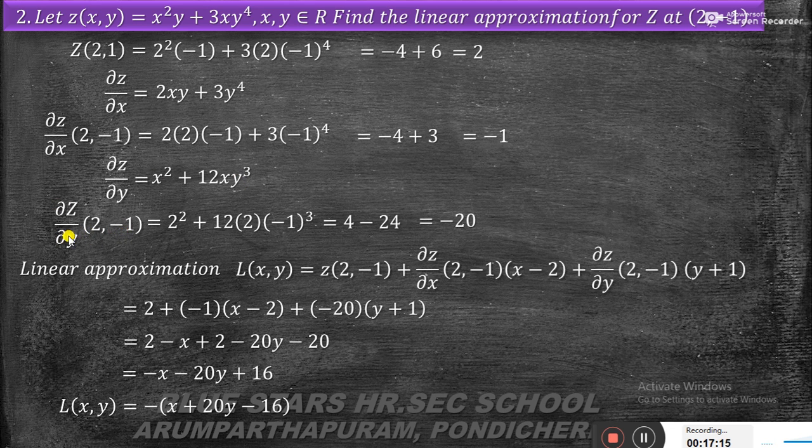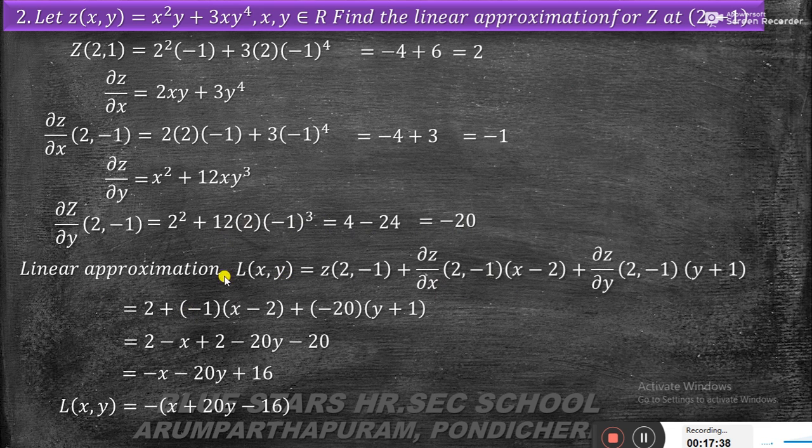I substitute x equals 2, y equals minus 1. So 2 squared, which is 4, plus 12 into 2 into minus 1 cubed. 12 into 2 is 24, so minus 24. 4 minus 24 is minus 20.